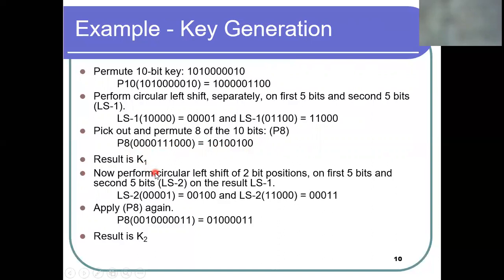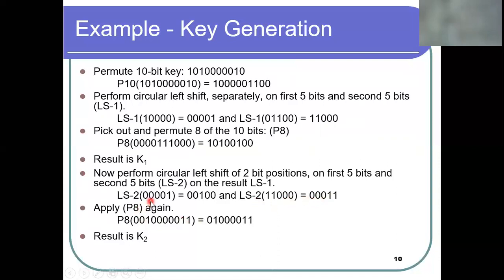Now perform two circular shifts on this result, and after applying two-time circular shift on this, we will get this one, and on this part also, after two-time left shift, we will get this one.